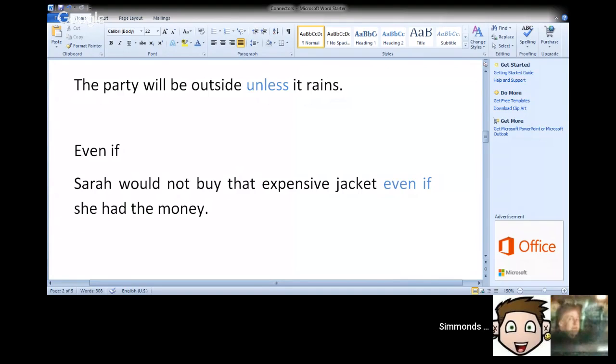So sure, but even if isn't the same as if, and so that's what I'm kind of doubting here, is if it's a true conditional or just a hypothetical situation using the past tense. Ken, do you have any questions or doubts? Even if she had the money. I think it's conditional. The structure seems like conditional to me. Also the meaning, I suppose. Interesting.